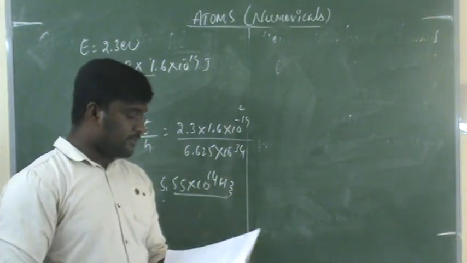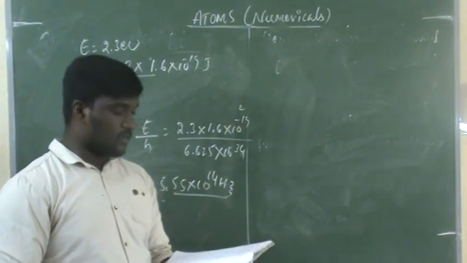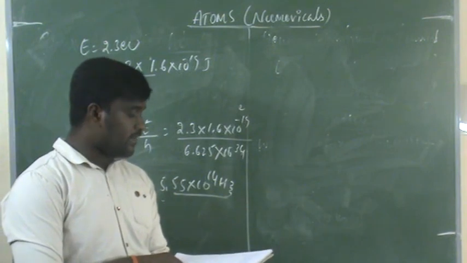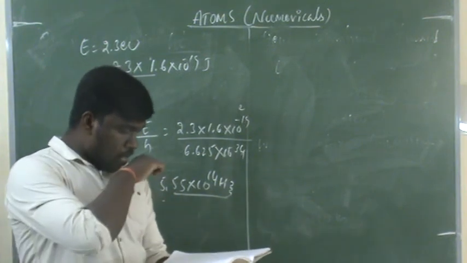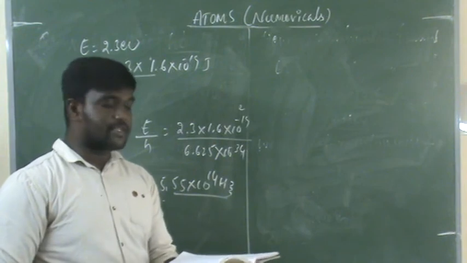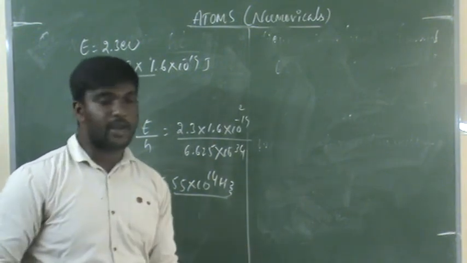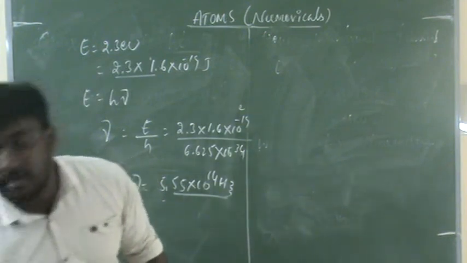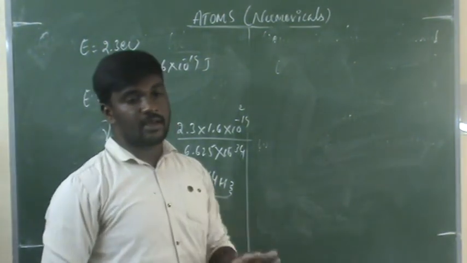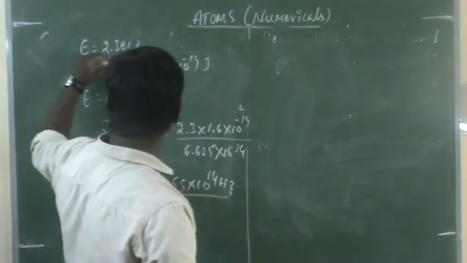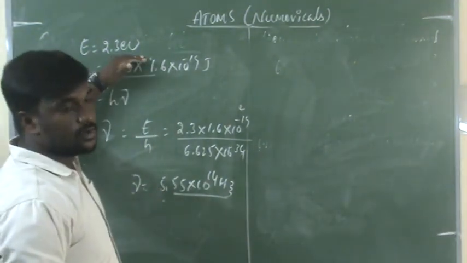So a difference of 2.3 electron volts separates two energy levels in an atom. What is the frequency of radiation emitted when the atom makes a transition from upper orbit to lower orbit? Clear? The energy between the two levels is given as 2.3 electron volts.